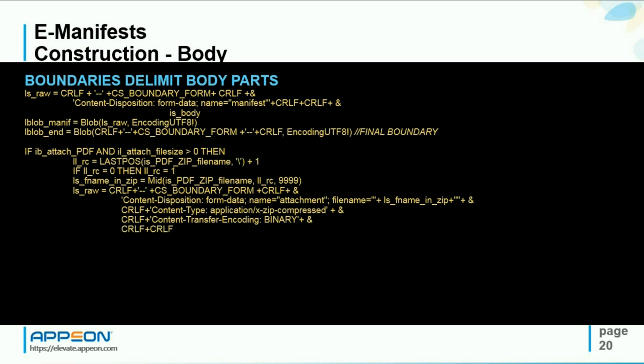Then we have 2 line breaks, and we take that and encode it into a blob with UTF-8. The blob for data came from reading in that file, that's the zip file.